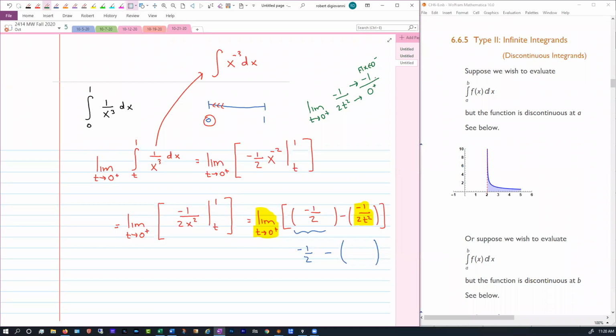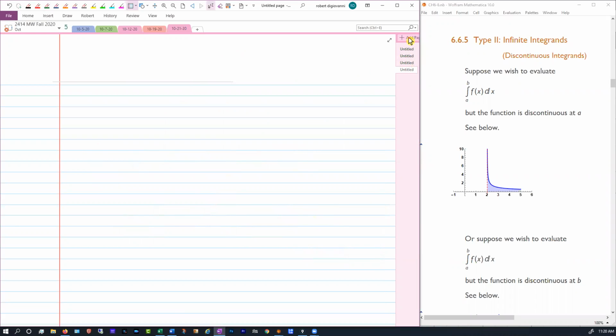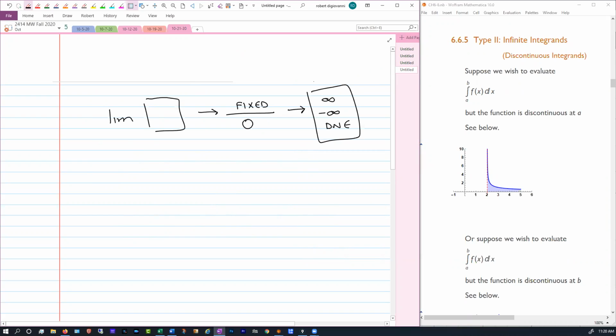So look, everyone, this is a Cal 1 concept. If you take a limit, doesn't matter what it is, if you ever get a fixed number over something that's approaching 0, your answer is either infinity, -infinity, or does not exist. Those are the only 3 outcomes that can happen.